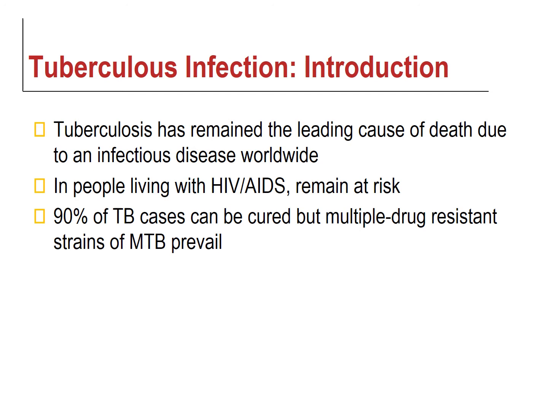In people living with HIV/AIDS, mycobacterial infections remain a major morbidity and mortality. While over 90% of tuberculosis cases can be cured by the standard treatment methods, multi-drug resistant strains of Mycobacterium tuberculosis have been isolated.